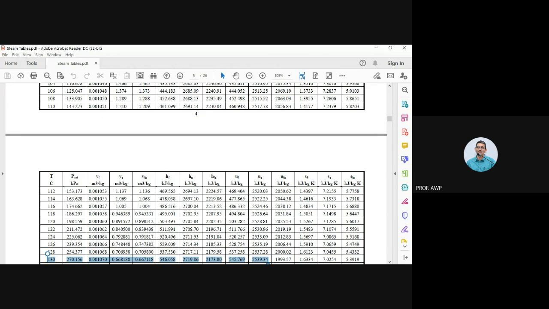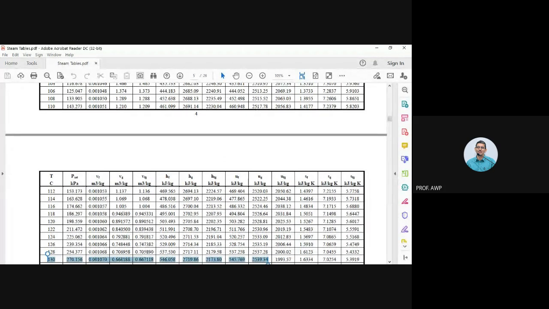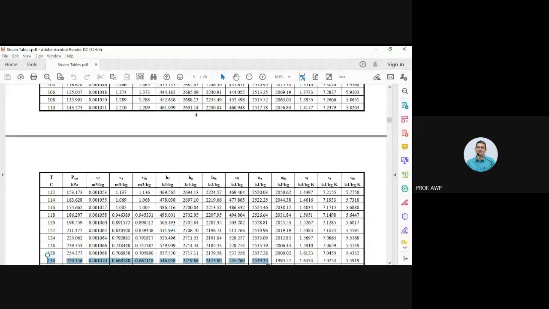Right, let's write that. Stream 2 enthalpy is 546.058 kilojoules per kg.